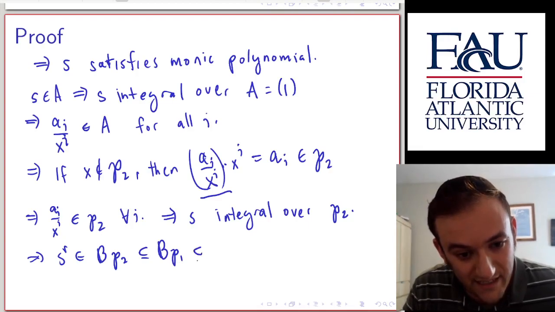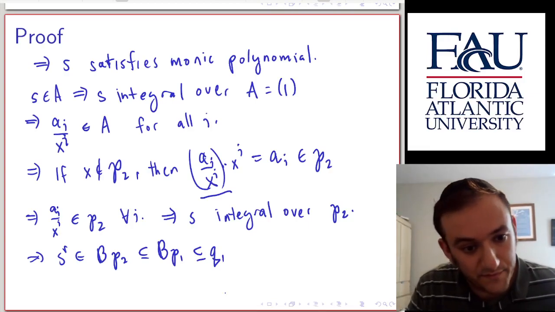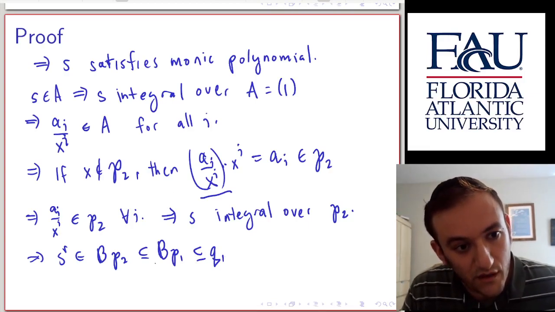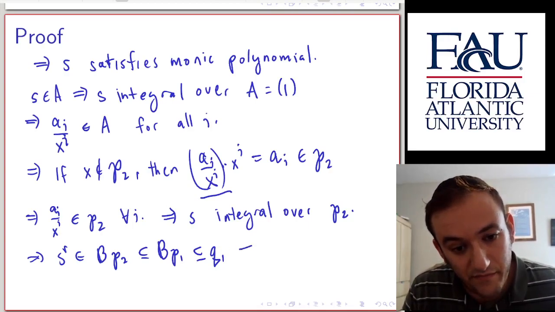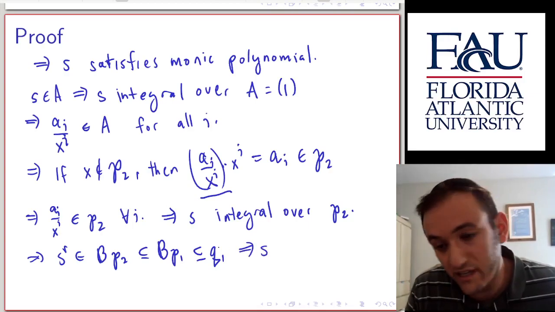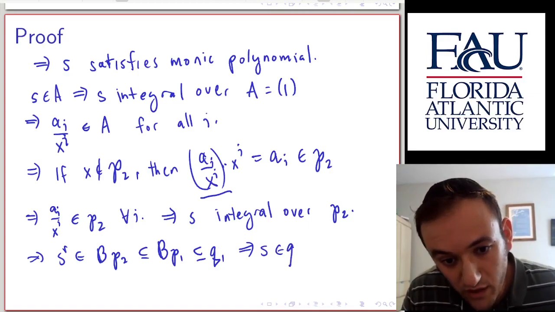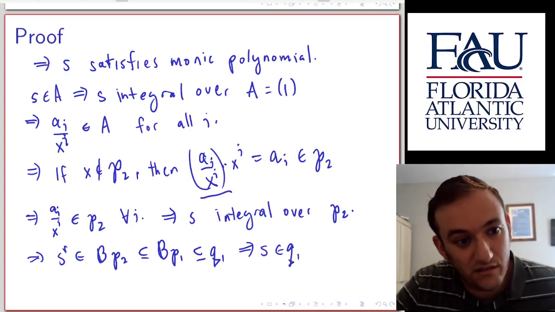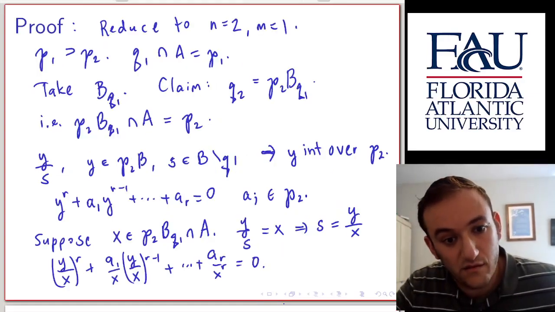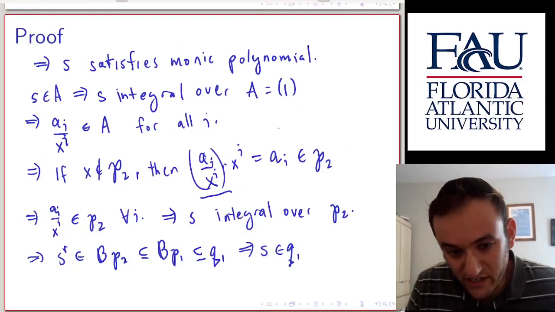And we know that's contained in our maximal ideal up top. So this tells us that s itself, because Q1 is a prime ideal, must be in Q1. But we started out assuming that s was not in Q1. So we've just arrived at a contradiction.